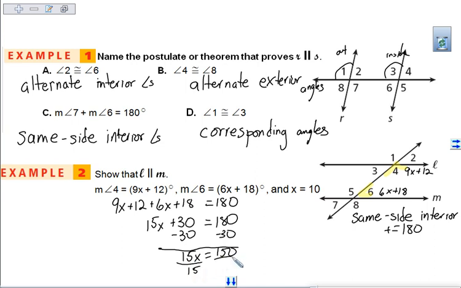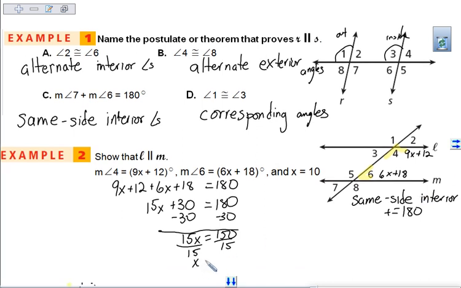Divide by 15 on both sides. And x equals 10. So that is what we were hoping to see. Because those are the same, we know that that means that line L is parallel to line M.